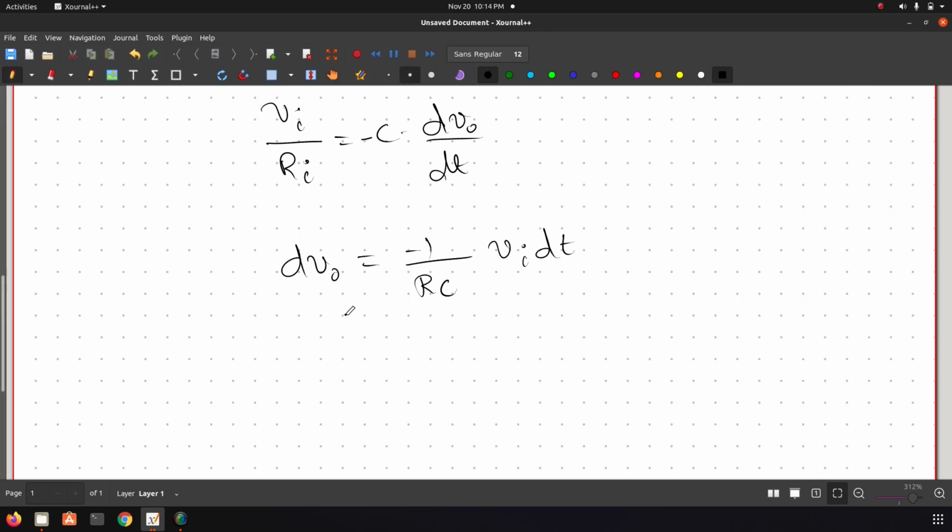In order to get Vo, we have to integrate. Therefore Vo equals minus 1 by RC, a constant that we can take out, times the integral of Vi dt. For this reason it is called an integrator: the output voltage is the integral of the input voltage.